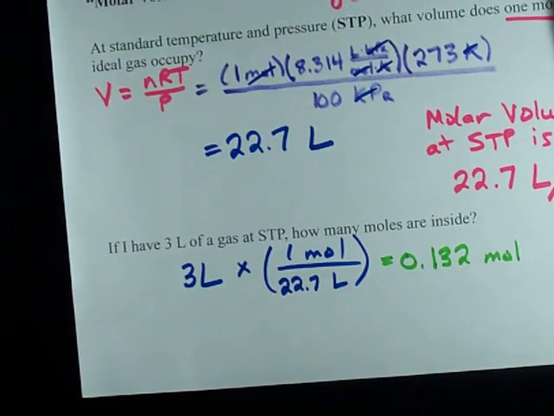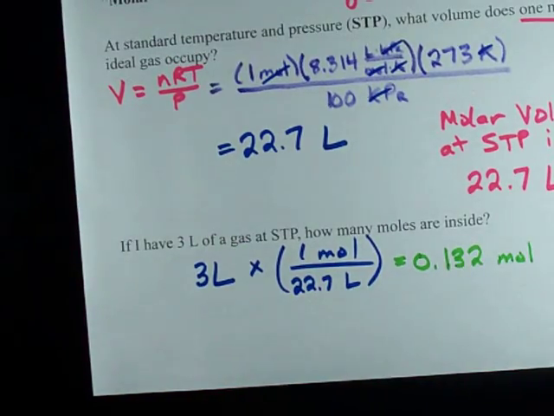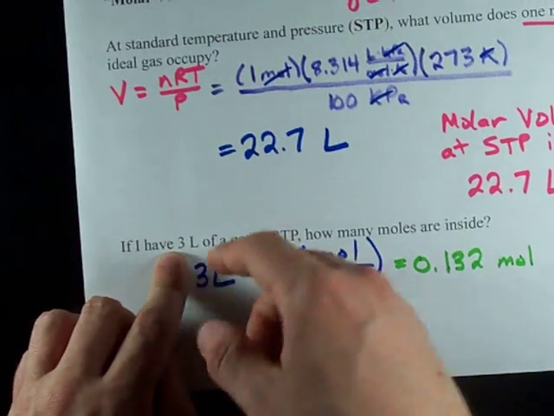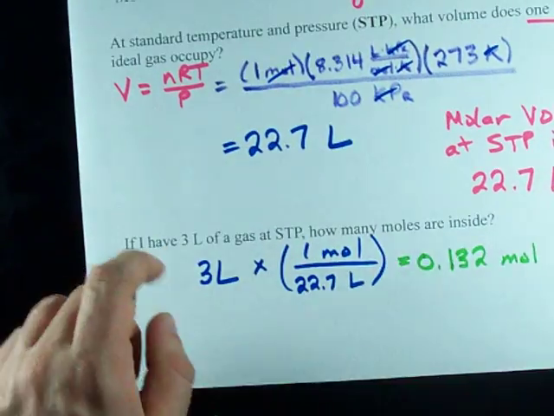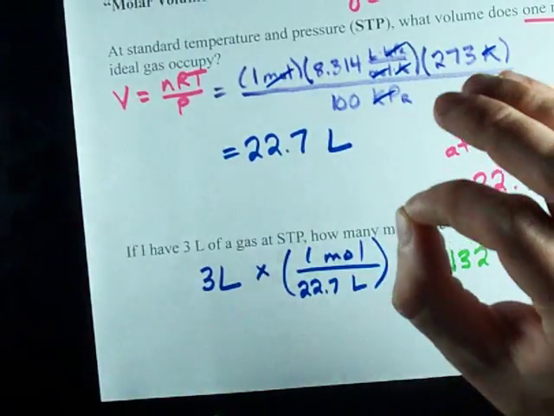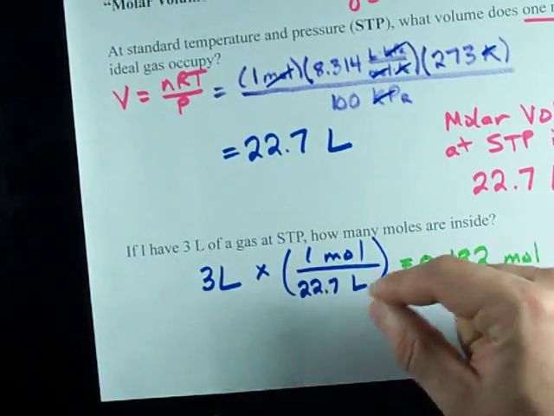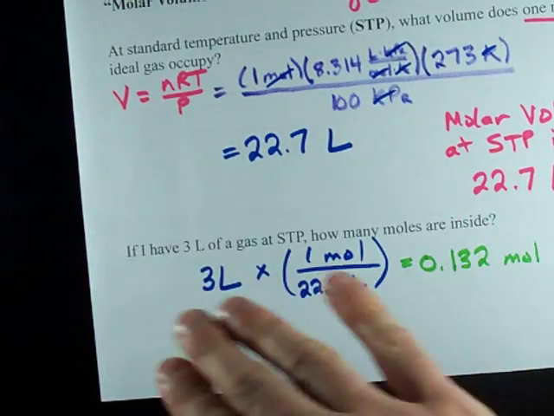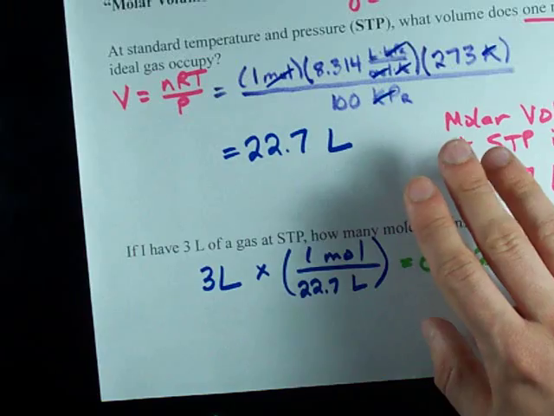Not going to worry about significant figures. So, take a look. We can convert directly from liters, easily measurable in a lab, to moles as long as we know the molar volume. And it doesn't matter what the identity of the gas is. We're assuming it's an ideal gas, and the ideal gas law treats all gases the exact same way.